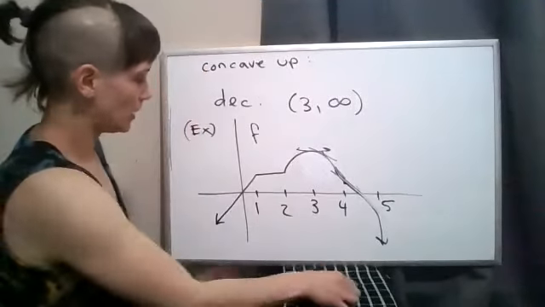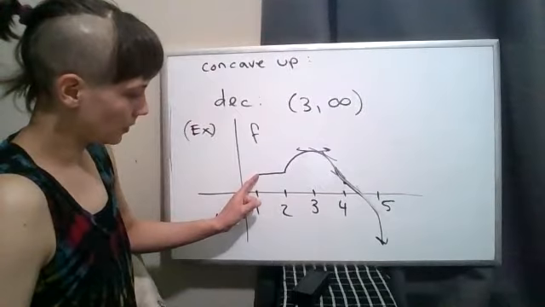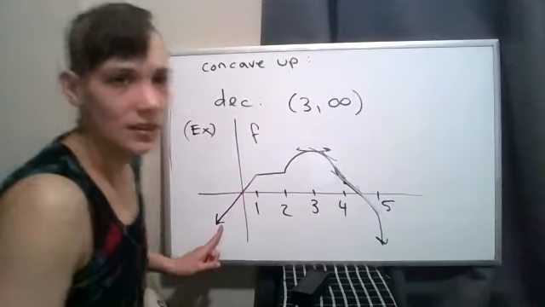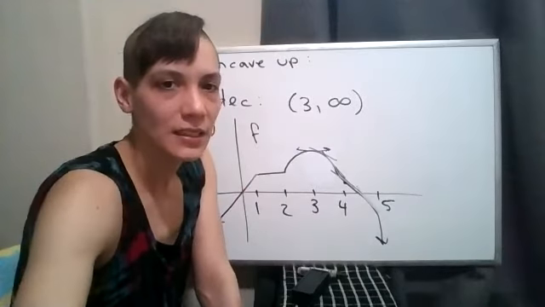It's on a tangent line. So it should be concave up from, I'm going to say, negative infinity over to 1. Kind of check.